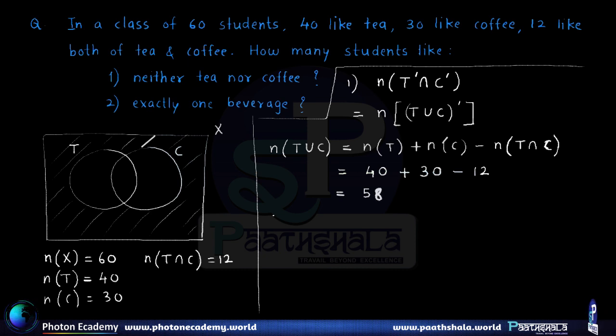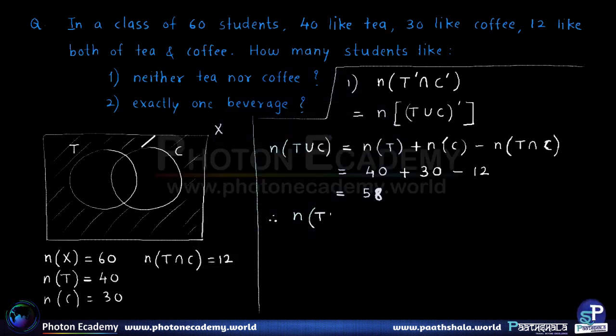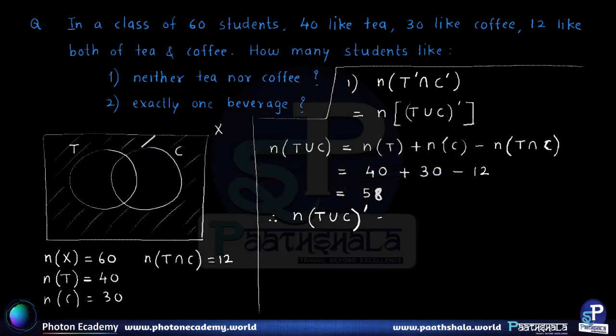Right? So therefore as we have n of (T union C) complement is nothing but total number of students which are 60 minus the number of students who like tea or coffee, either of them.